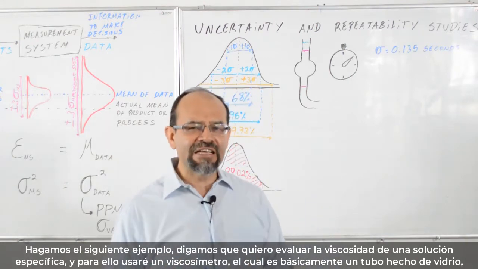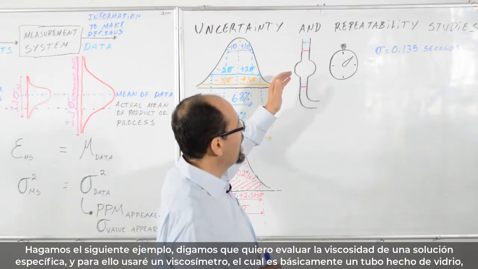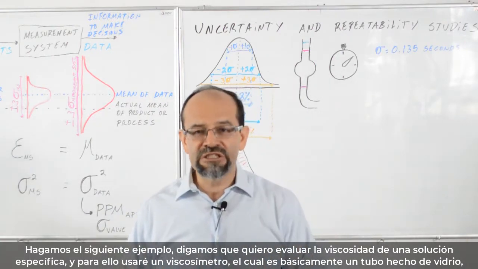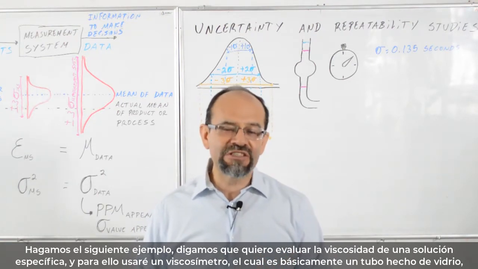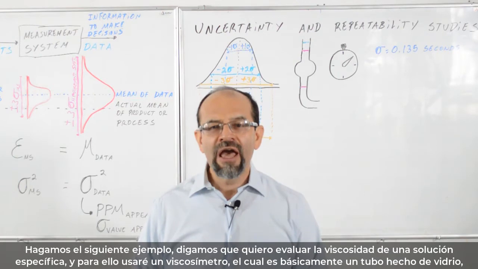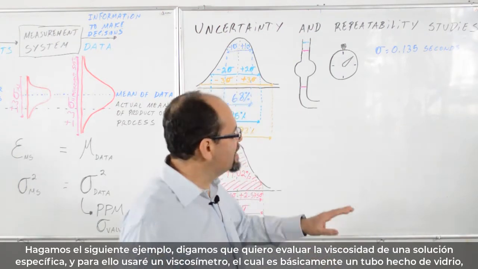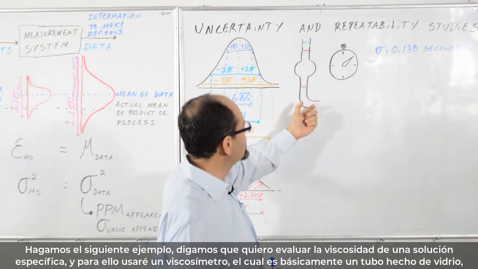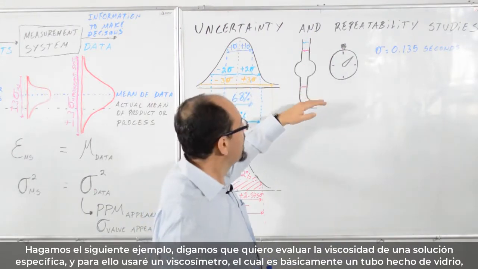Let me take this example. Let me say that I want to evaluate viscosity of one specific solution. To measure the viscosity of that specific solution, I will be using a viscosimeter. And basically that is, let me say, a tube, a hose made of glass.